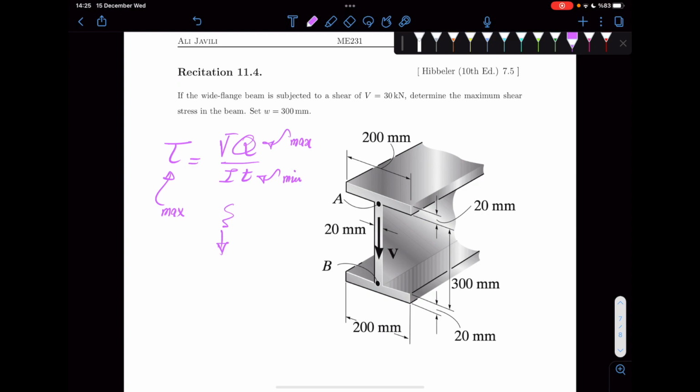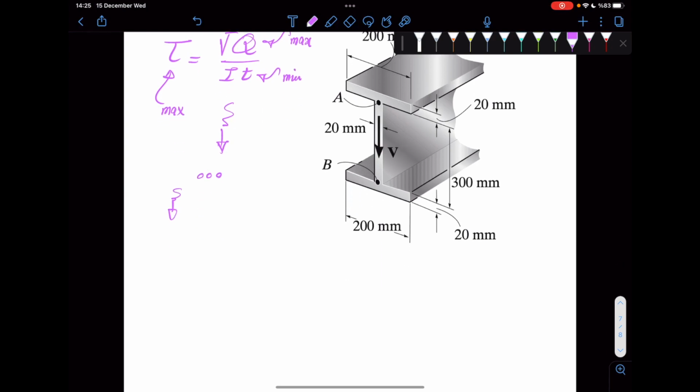Again, we will do a very similar example in the class, and you also have some in your homeworks. If you do that, you get tau equals 5.19 megapascal. It's a very standard problem. I is simply the moment of inertia. You would calculate it and you get something like this.